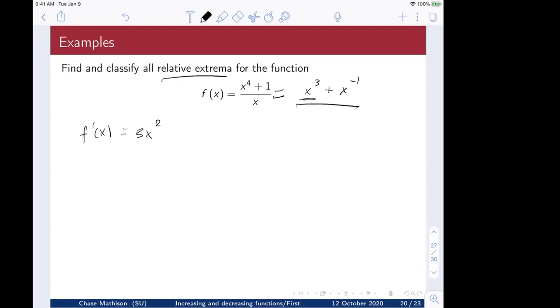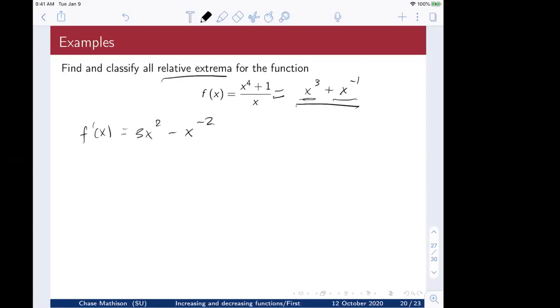Perfect. And then what's the derivative of x to the minus 1? Negative x to the minus 2. Perfect. Minus x to the minus 2. Again, all we did there was the power rule.